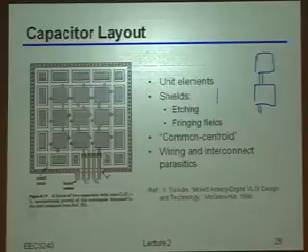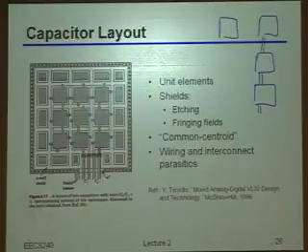Let's look over here in the center. As I keep going up, maybe I keep making a connection there, but then all of a sudden I have to make a connection to the left. Well, if I didn't put a stub on the left of this capacitor, then all of a sudden the 2 unit elements are different.